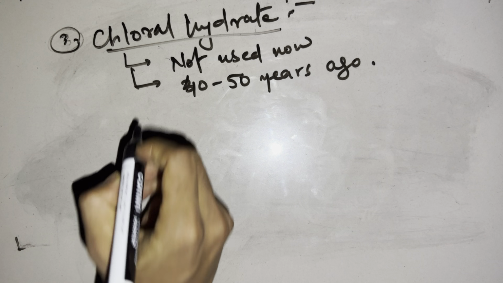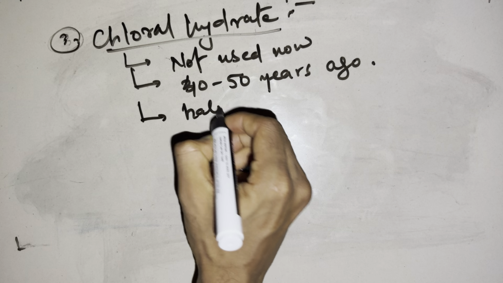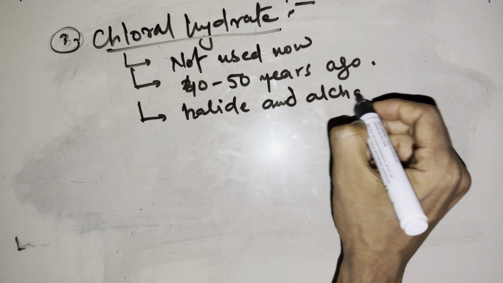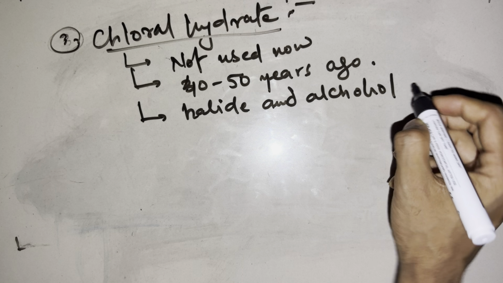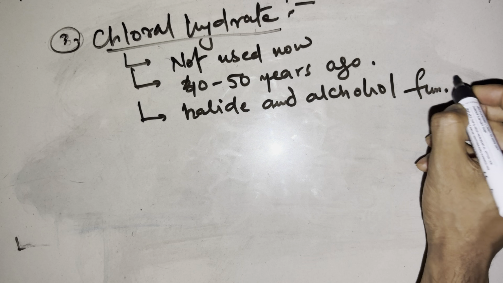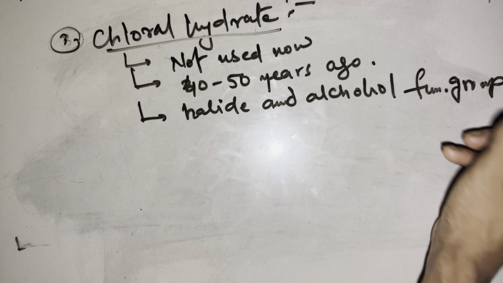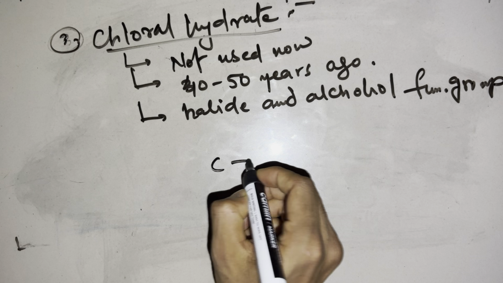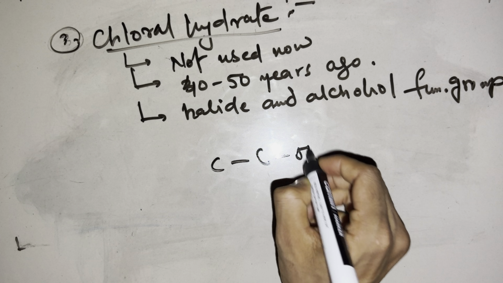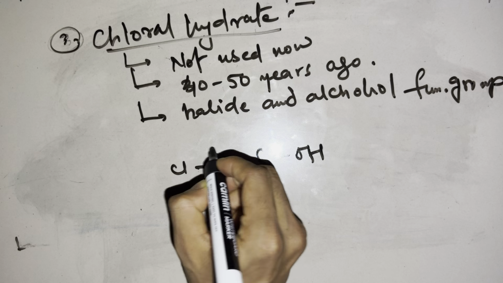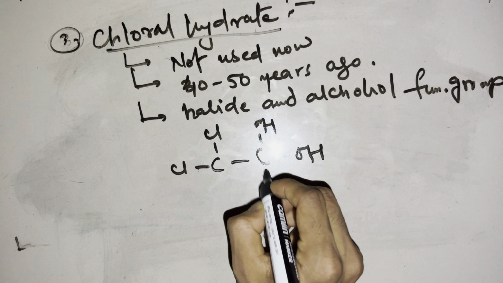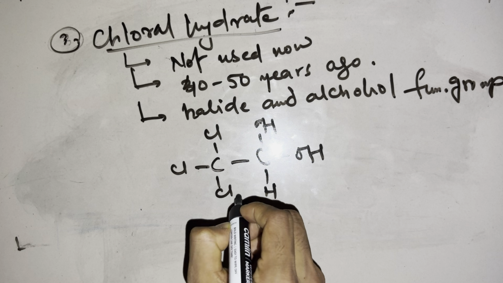Okay, and it contains halide and alcohol as functional group. The structure will be like this. See, carbon, carbon, OH, chlorine, chlorine, OH, hydrogen, chlorine.